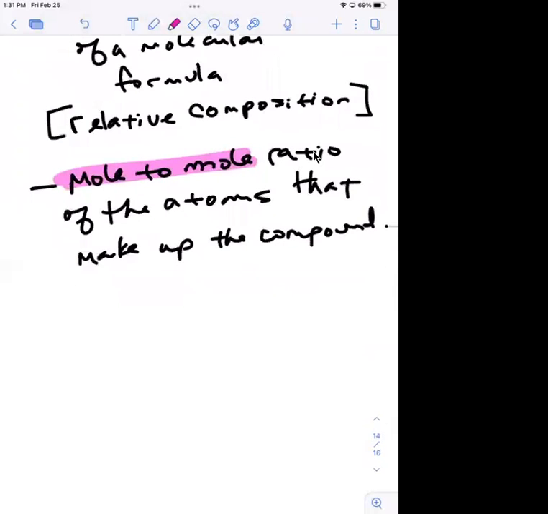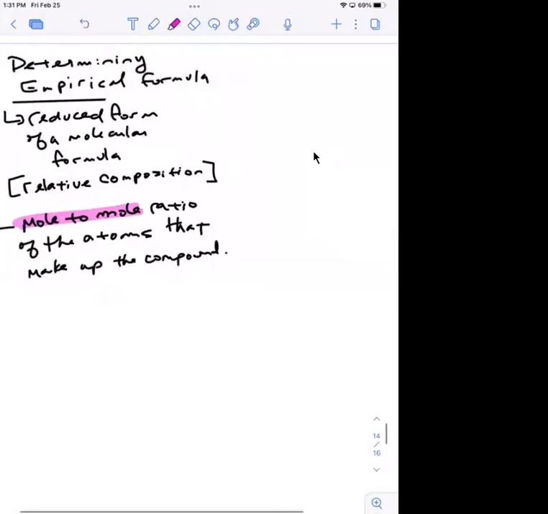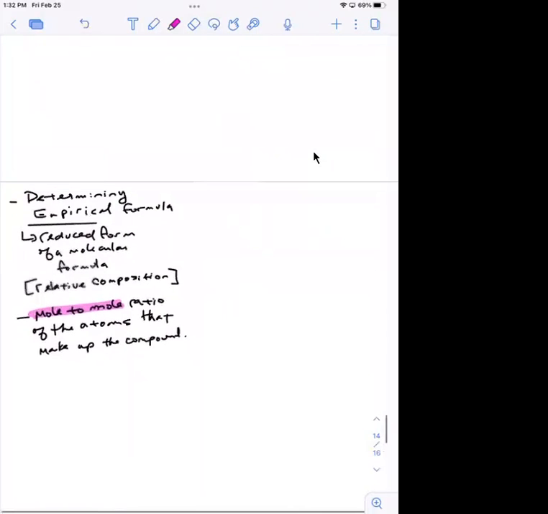What's our strategy for calculating moles? Even if we don't have any information whatsoever, what relationship can we use to determine the number of moles of a given mass of a compound with a specific molar mass? What can we use?